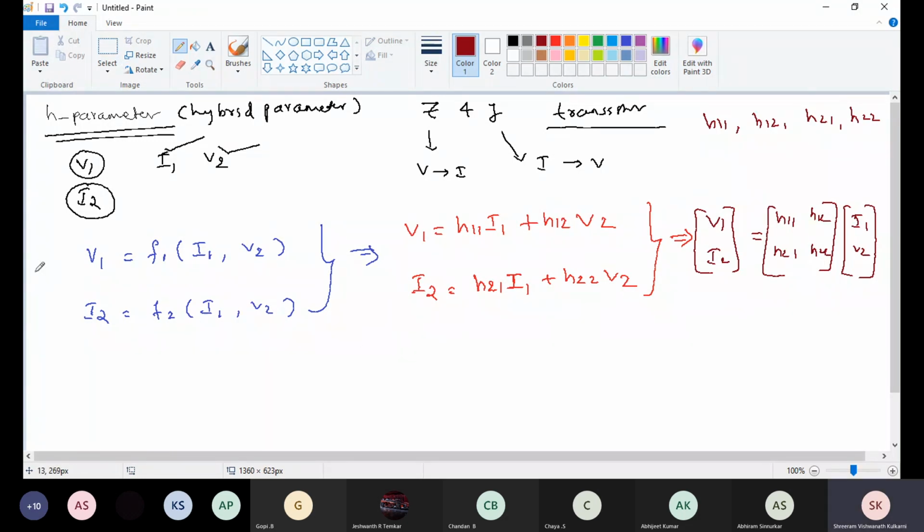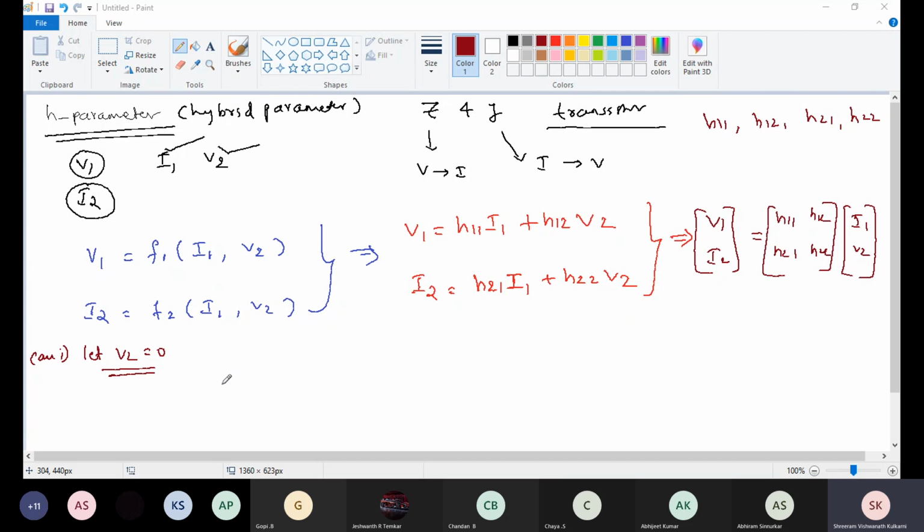Now, as we did for Z and Y, case 1: let V2 equal 0.